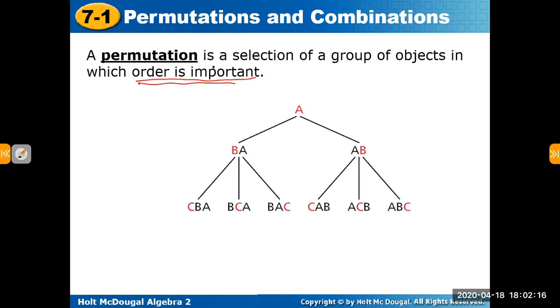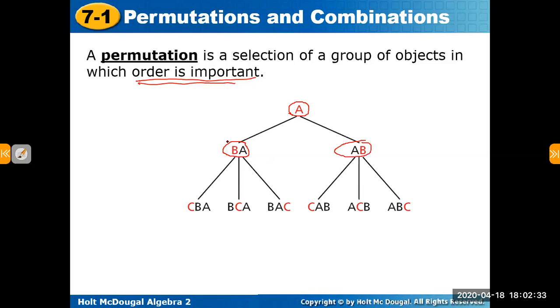So when there is just one object, you have only one way of choosing it. But when there are two objects, you have two different ways of choosing if you consider order.